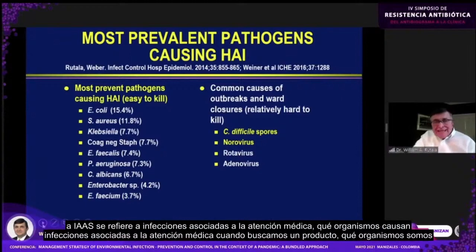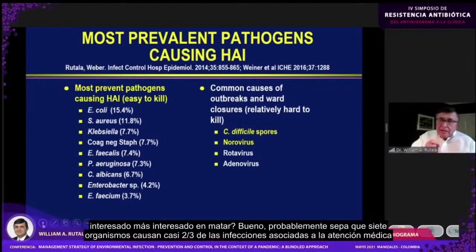Now, as far as HAIs, or healthcare-associated infections, are concerned, what organisms cause them? When we look for a product, what organisms are we most interested in killing? Well, you probably know that 7 organisms cause almost 2/3 of healthcare-associated infections.